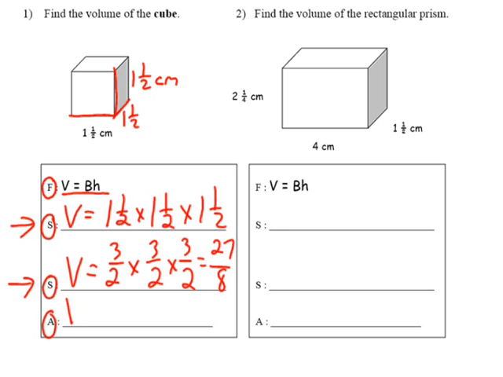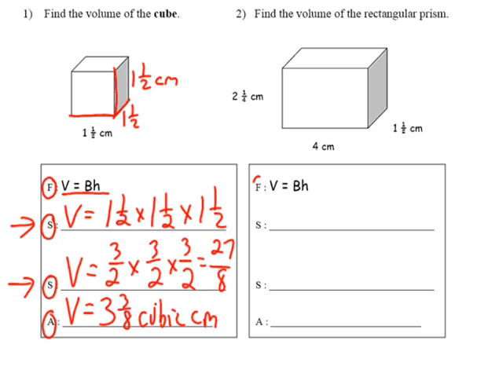So our answer, our volume, we're going to convert that back into a mixed number. 27 divided by 8 would be 3, with 3 left over. So it would be 3 3/8 cubic centimeters. And there's a couple different ways that you can label your answers, and we'll get to that in a second. All right, let's do another one.